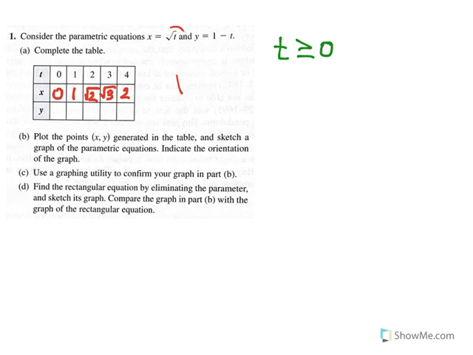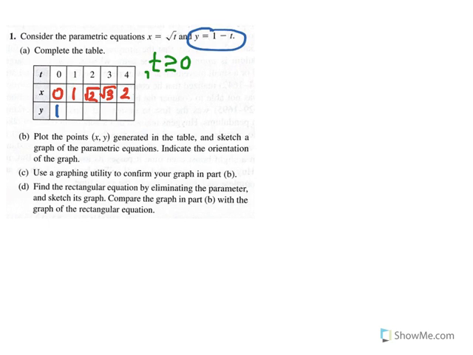And when you want to complete the next row, for the variable y, we have y is equal to 1 minus the parameter t. So let's just do that and complete the row for y. When t is 0, 1 minus 0 is 1.